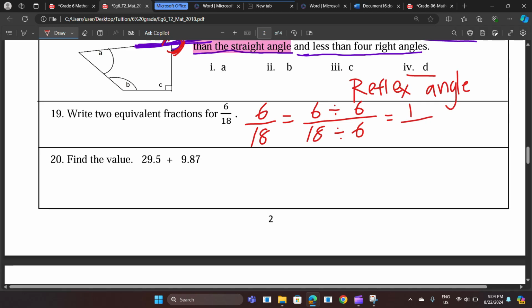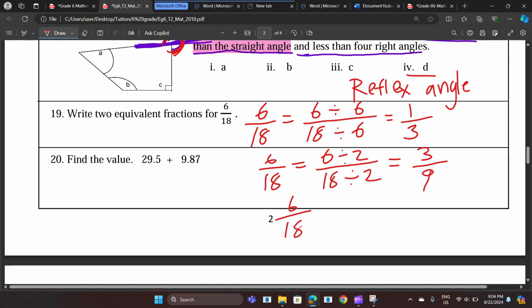So 6 divided by 6 is 1, 18 divided by 6 is 3. Also we can divide both denominator and numerator by 2, which gives 3/9. And also we can divide both numerator and denominator by 3.